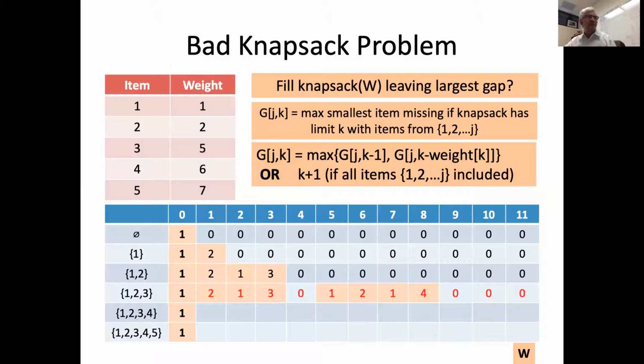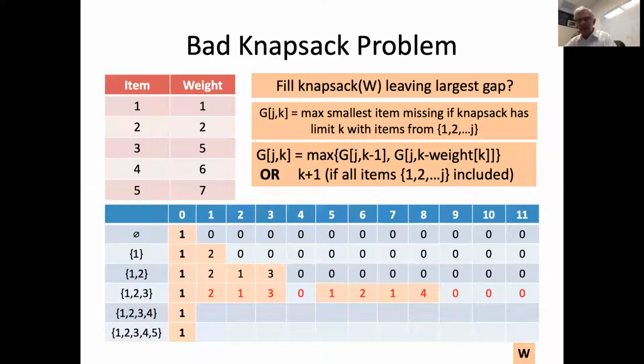Well, if it's 7, then I could again take the third item and the first item. So this should have been 2 again. I made a mistake here again, and that's because I made a mistake here, and so that's carried over here as well. This should be 2 because I could do the third item and the first item, and I would have a little gap.